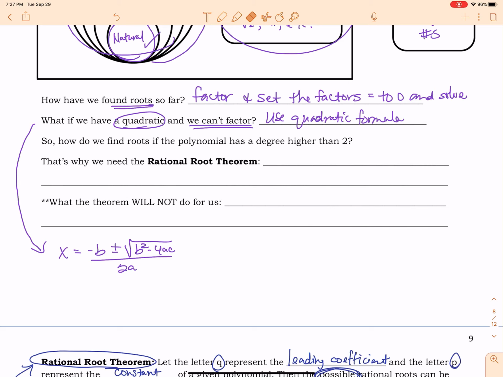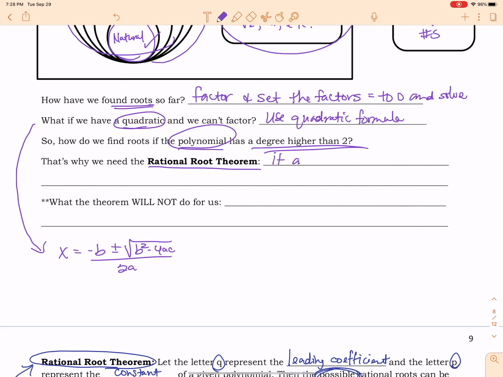All right, so what if our polynomial has a degree that's higher than 2? Because if the polynomial has a degree of 2, we can now factor or we can use the quadratic formula. But if we have a polynomial with a higher degree, and we've seen evidence that there's such a thing, what are we going to do? Well, enter the rational root theorem.